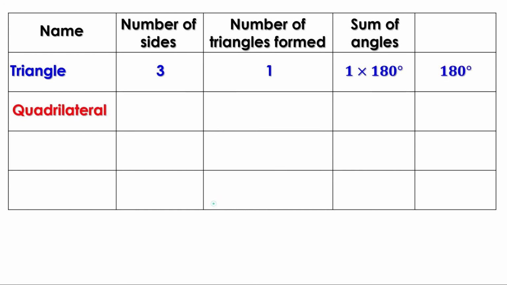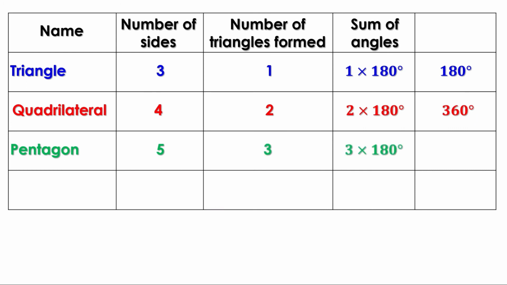For a quadrilateral, there are four sides and the sum is 2 into 180, or 360 degrees. For a pentagon, there are five sides and the sum is 3 into 180, or 540 degrees. For a hexagon, there are six sides and the sum is 4 into 180, or 720 degrees.